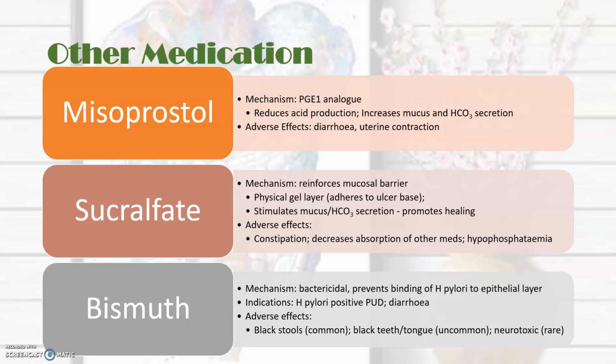Sucralfate, which forms a physical mucosal barrier to acid irritation. And bismuth, which is bactericidal and prevents the binding of H. pylori to the epithelial layer of the stomach and duodenum.